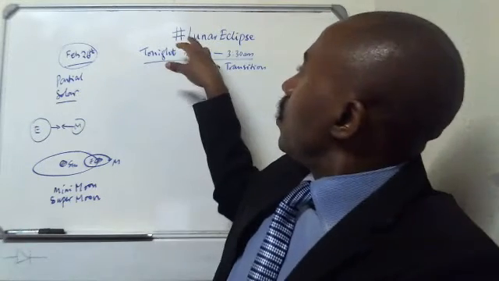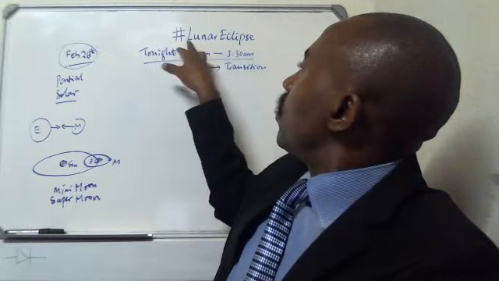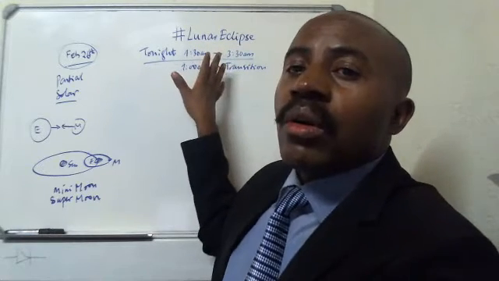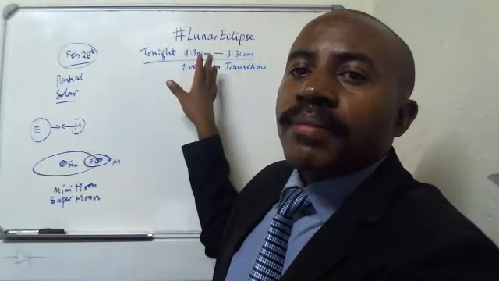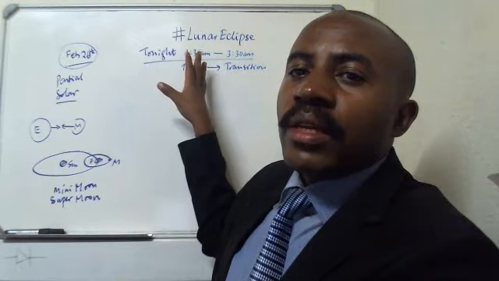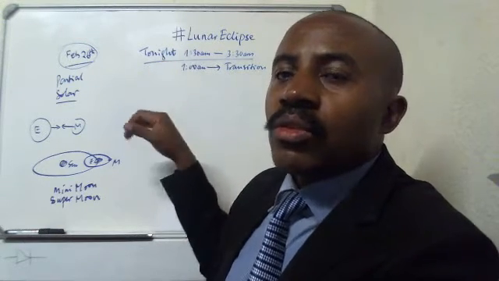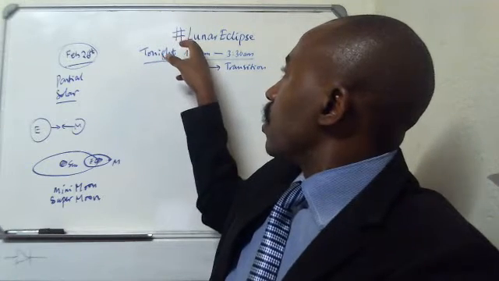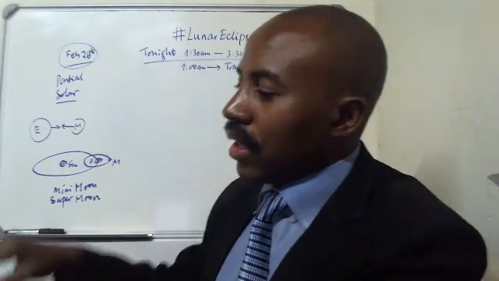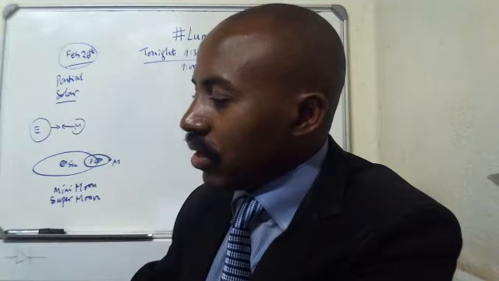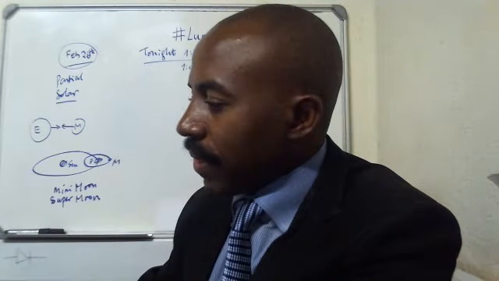And you can use this hashtag to get more information. There are other people around the world who are interested in the lunar eclipse, and they have posted information. So you just click on the hashtag lunar eclipse, and you should be furnished with information by other people.